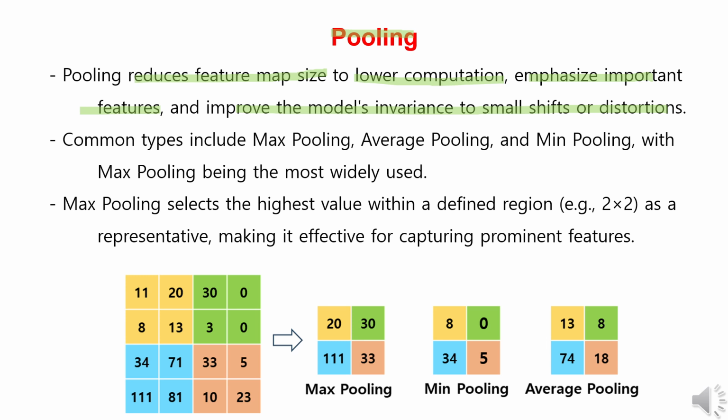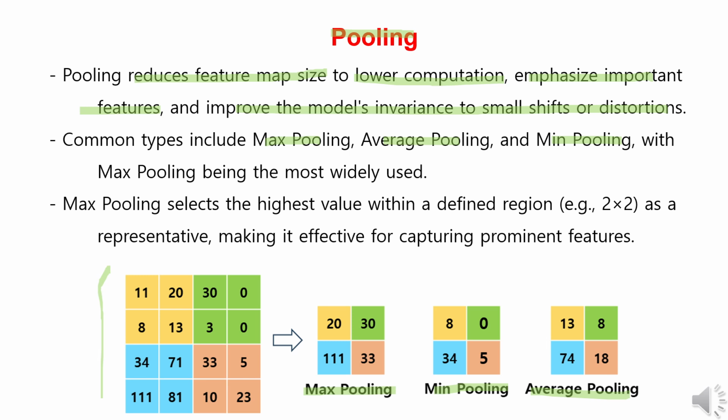There are several types of pooling, with the most common being max pooling, average pooling, and min pooling. As shown in the diagram below, max pooling takes the largest value, min pooling takes the smallest value, and average pooling calculates the average value in each small region.